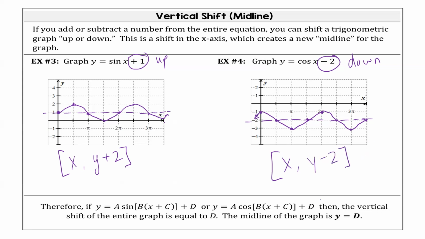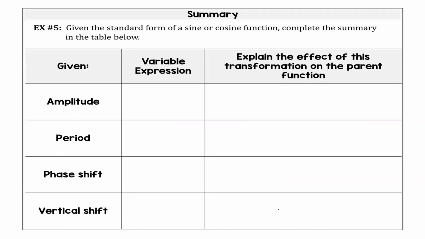And that includes your midline, obviously. So therefore, if y equals A sine of b times x plus c, then it says plus c, we're going to go ahead and write minus c, plus d, then the vertical shift of the entire graph is equal to d, which is the midline. Conclusion.